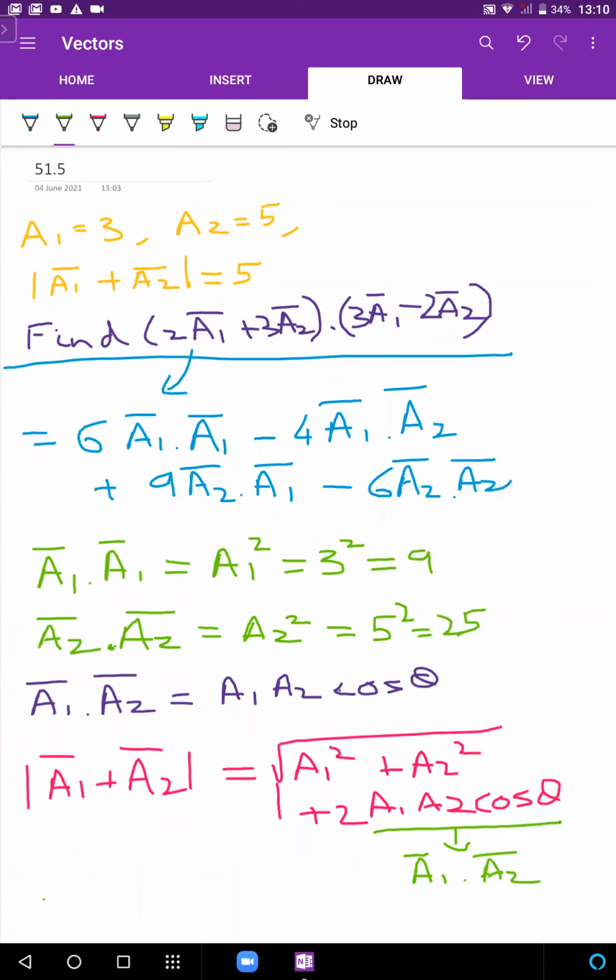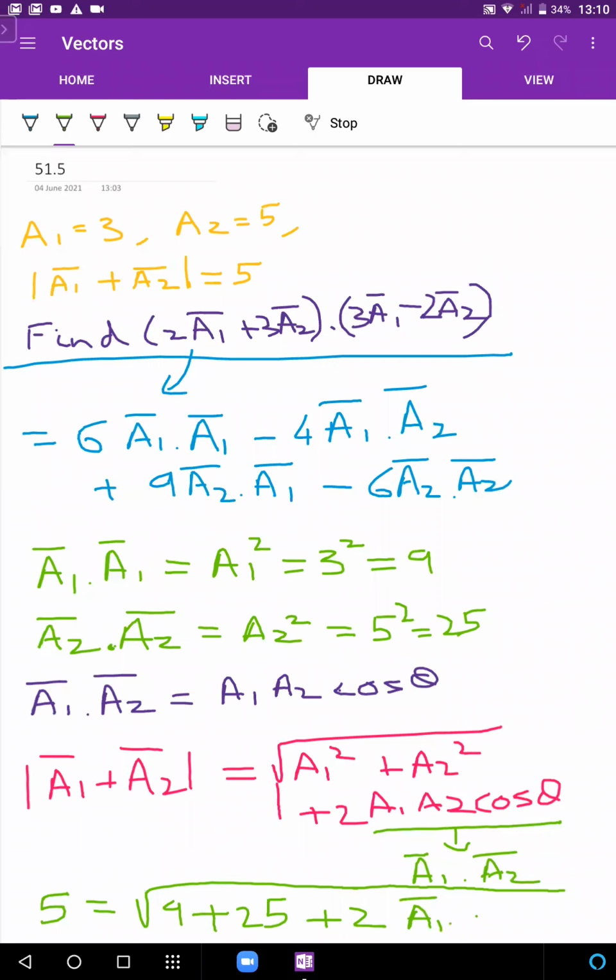A1 bar plus A2 bar is 5. A1 square is, we have gone over this, 9. A2 square is 25, plus 2. What can we write A1 A2 cos theta as?